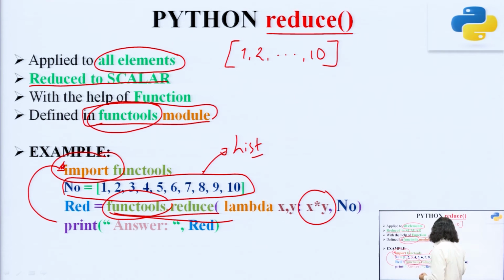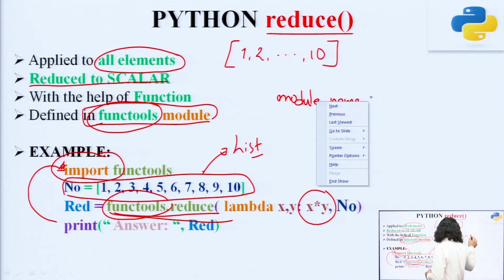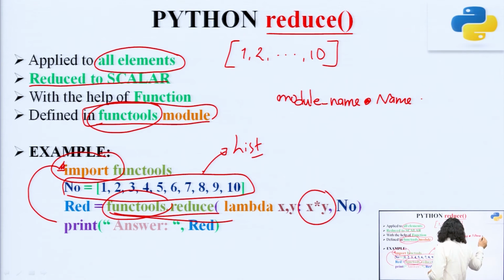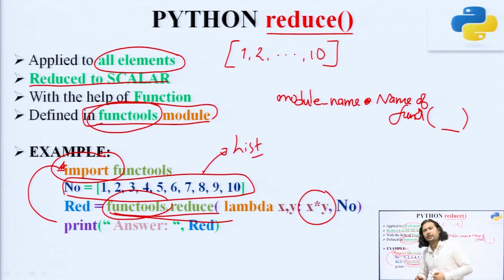It is the syntax: whenever we use something which belongs to a module, the very first thing is the module name, followed by the dot, followed by the name of the function, and followed by the required conditions.